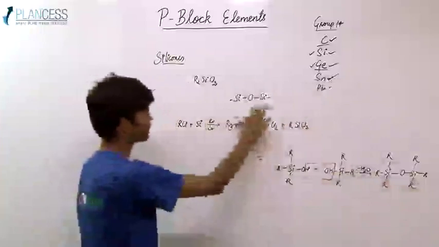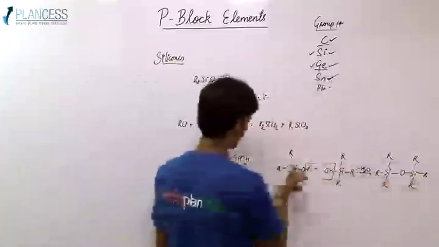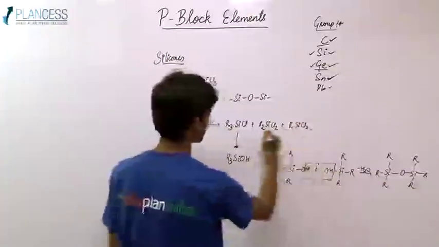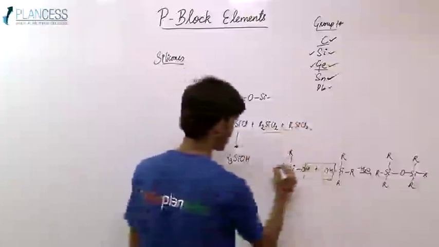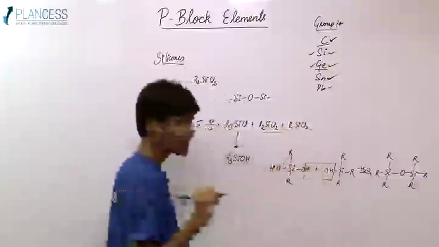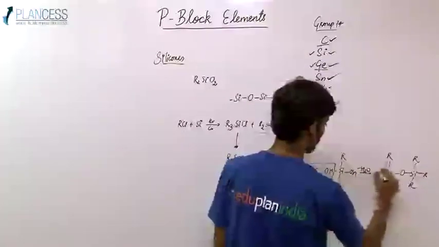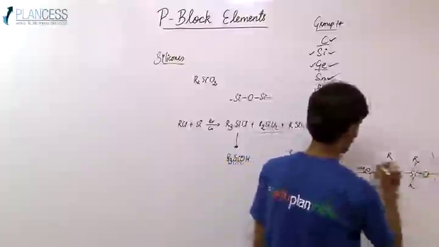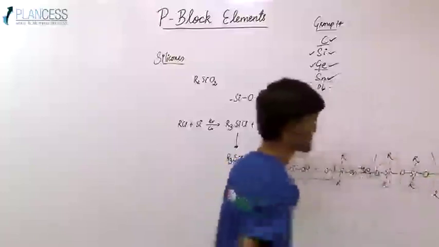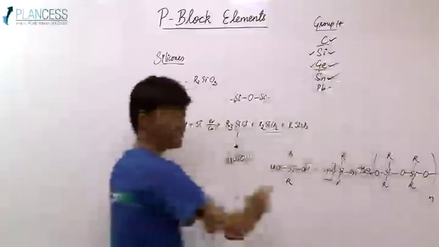Different characteristics of silicones can be there. If it is formed from, let's say, R2SiCl2, then after hydrolysis it would be OH here and OH again here. So it would be something like O here, O here, and it is extending in both directions, so it would be an infinite chain in this case.